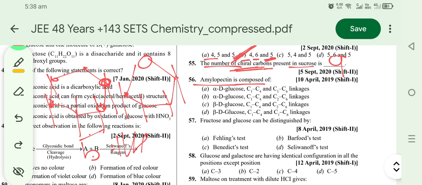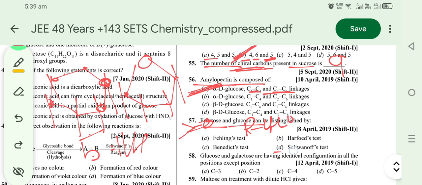Amylopectin is a branched polymer of alpha-D-glucose having glycosidic linkages at C1 and C4 and at C1 and C6, present in A. Fructose and glucose can be distinguished because fructose has a ketonic functional group and glucose has an aldehydic functional group.